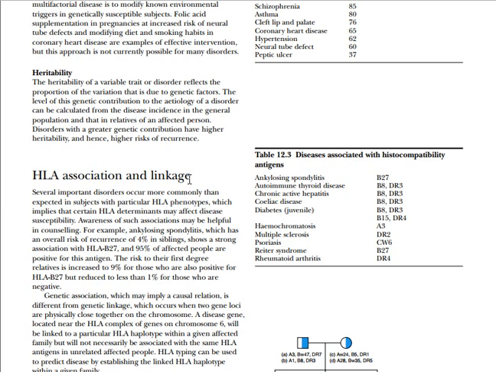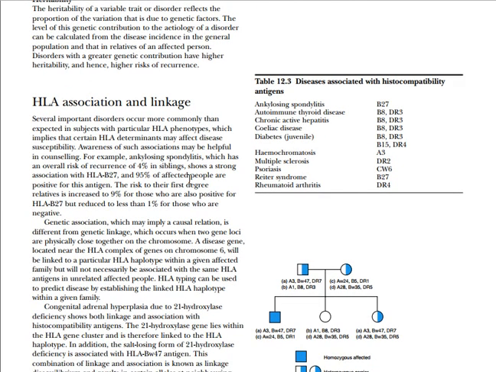So we have also HLA association and linkage. Several important disorders occur more commonly than expected in subjects with a particular HLA phenotype, which implies that certain HLA determinants may affect disease susceptibility.